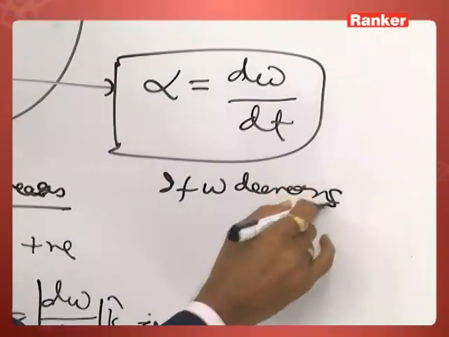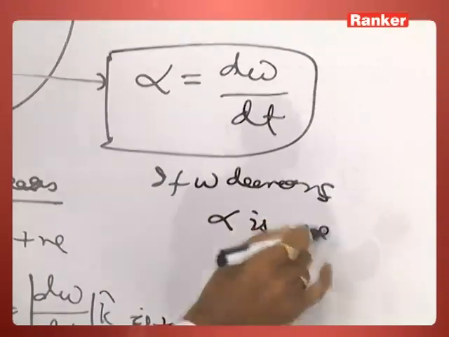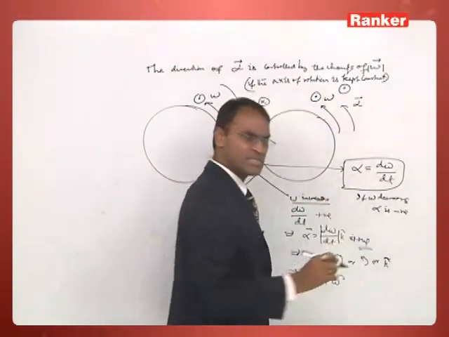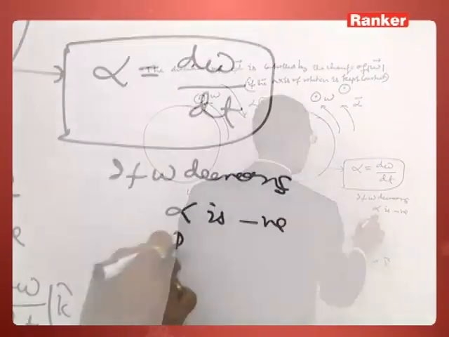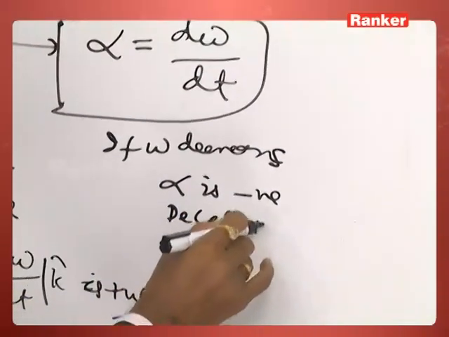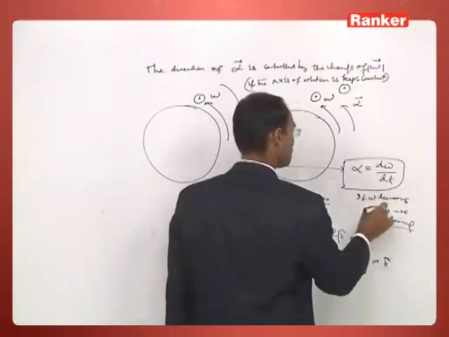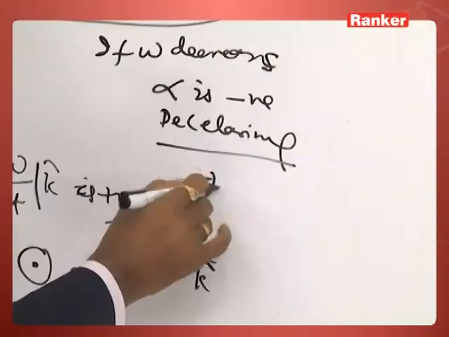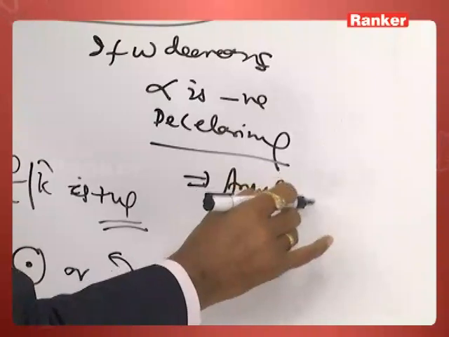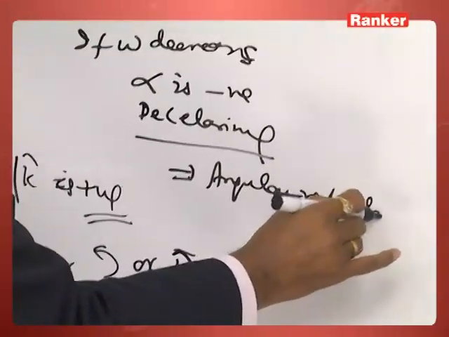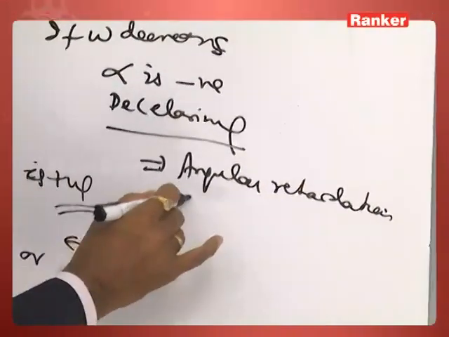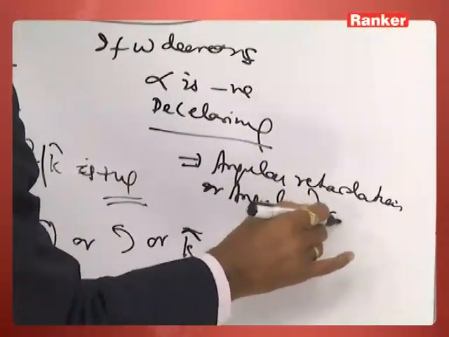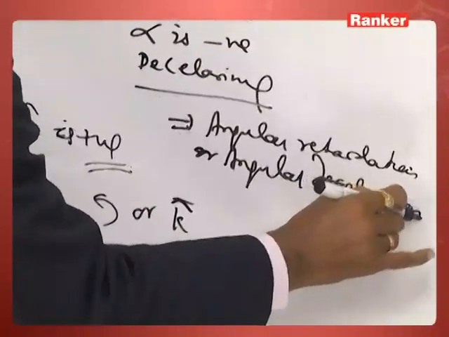We can say that the body is decelerating, and this alpha is called angular retardation or angular deceleration.